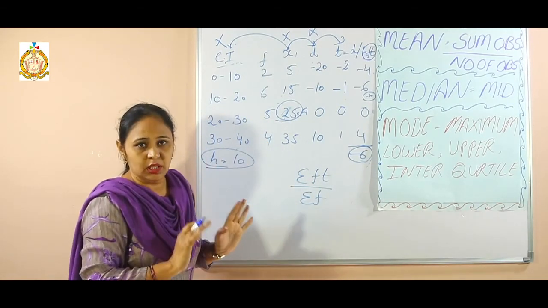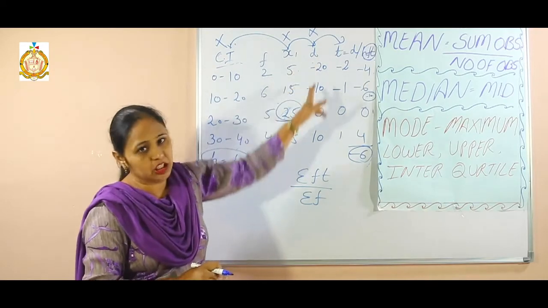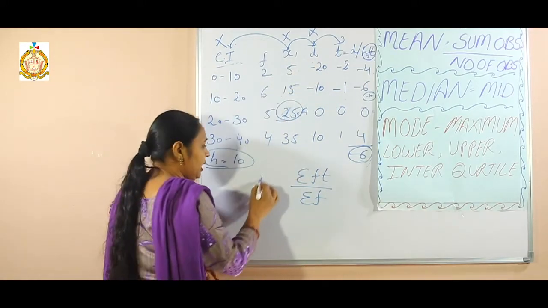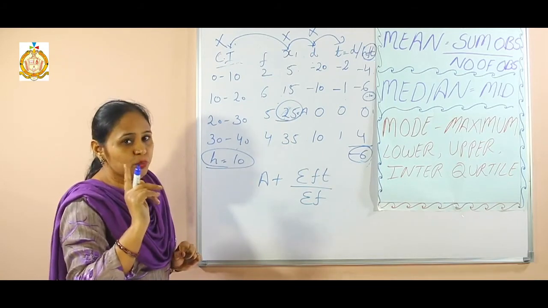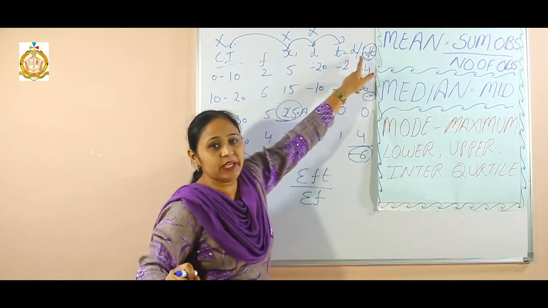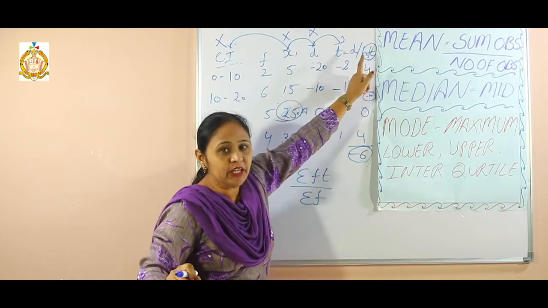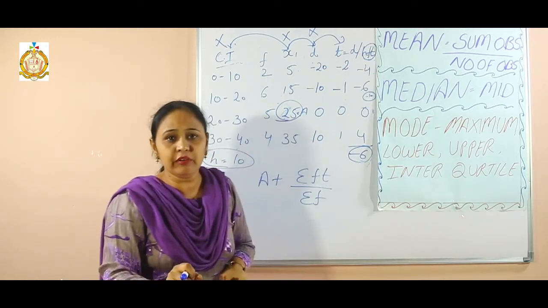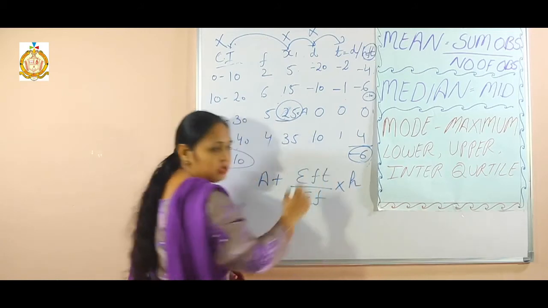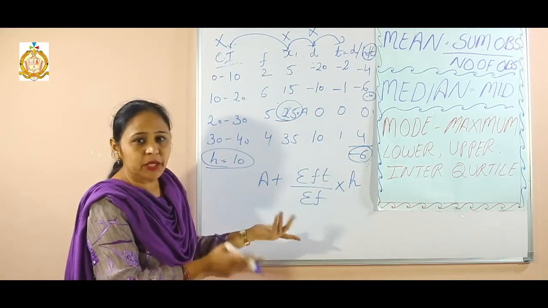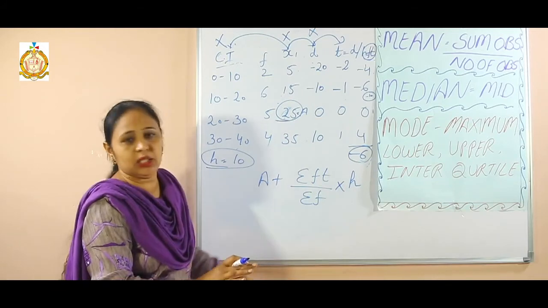That is okay. Now what did we subtract? A we subtracted, that means I will add A. That is okay. Now one thing I did more in the sum, that I divided by h here. If I divide, the reciprocal of divide is multiply. That's why I will multiply with h here. Formula is prepared, no need to cram it, no need to learn it.